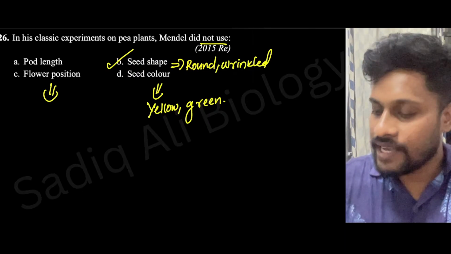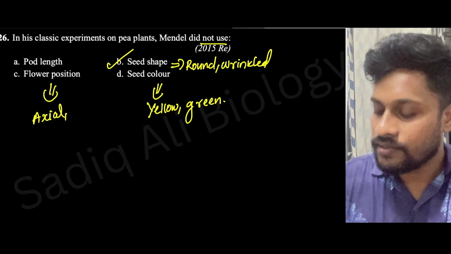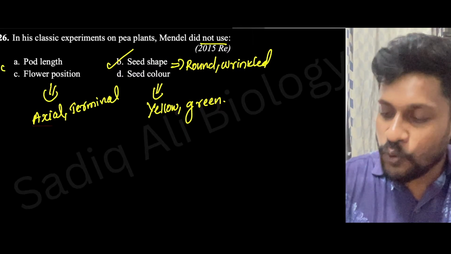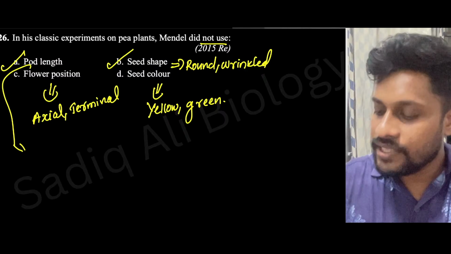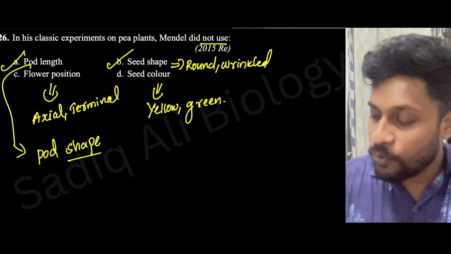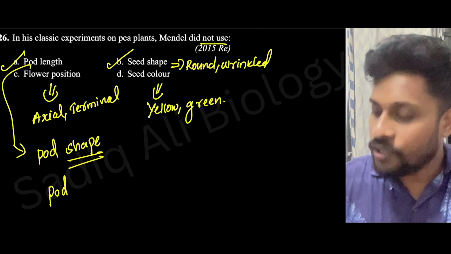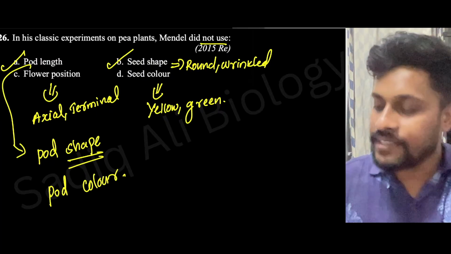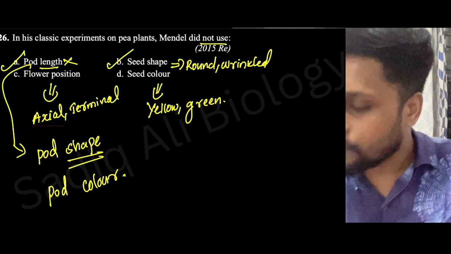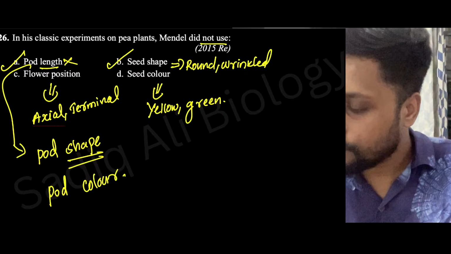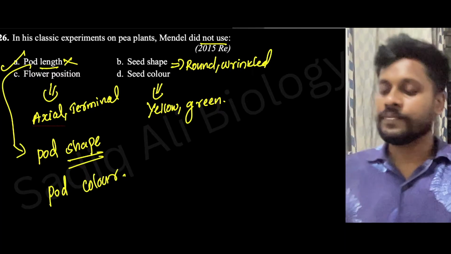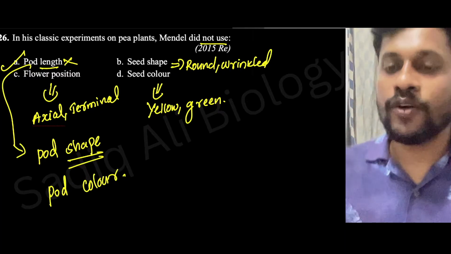Flower position, yes, axial and terminal. Pod length, no. They used pod shape as well as pod color, not length. So the answer will be option A. Clear? Very good, guys.